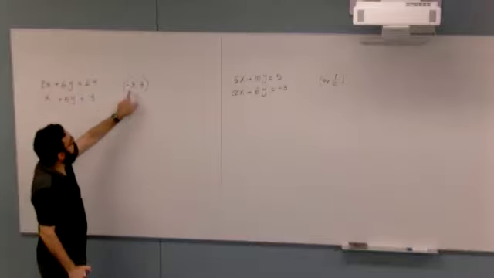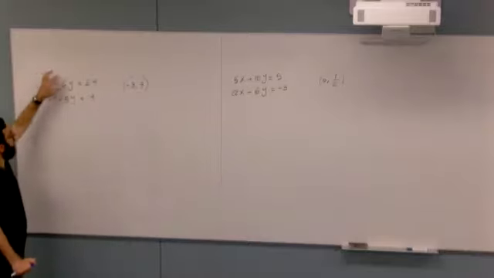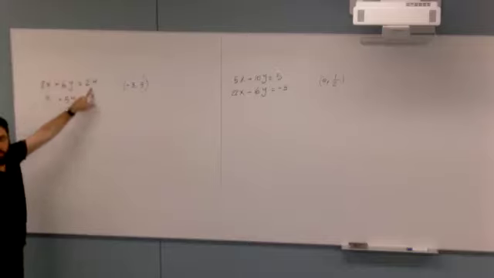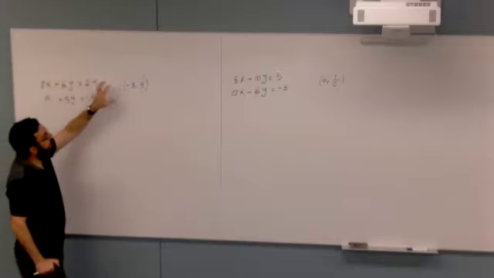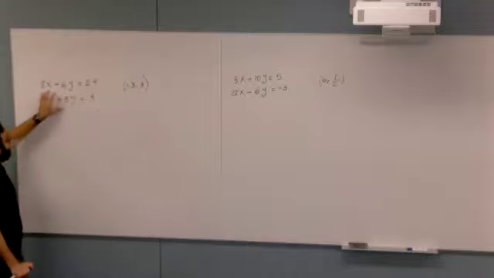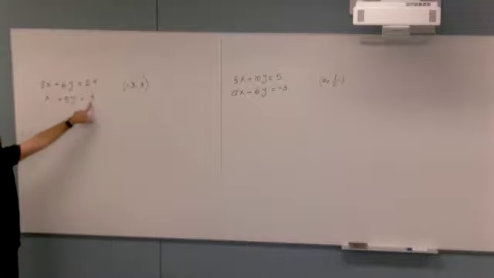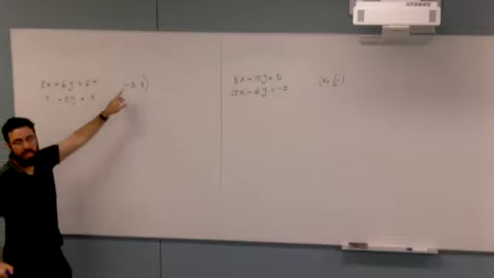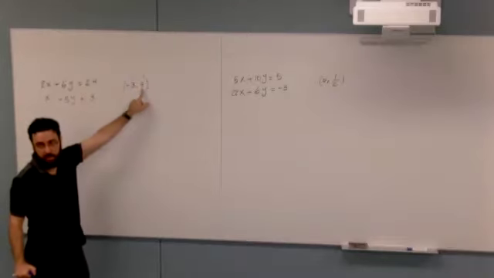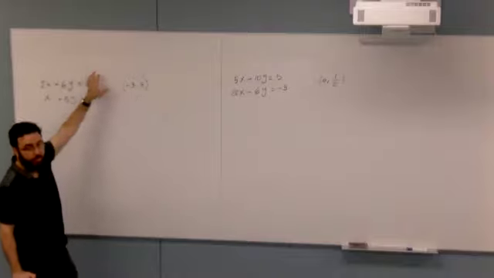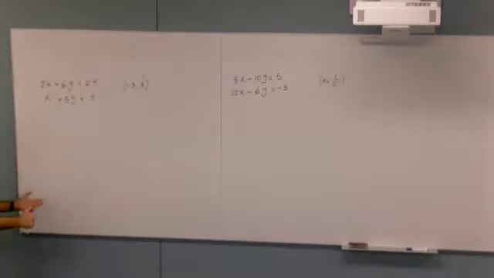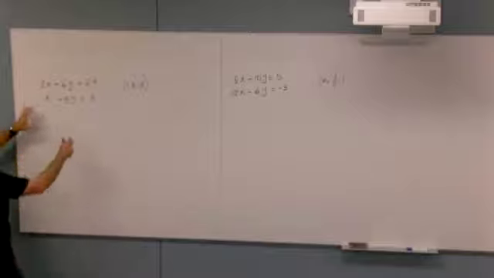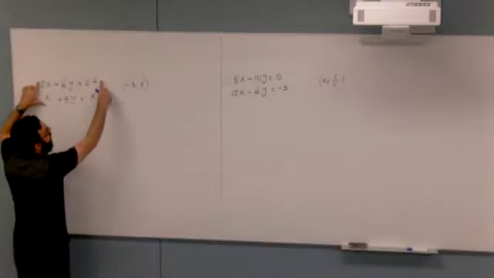That means if I plug in -3 and 5 here, I should get 24. And if I plug in -3 and 5 here, I should get 3. If one of these is not satisfied, that means this is not a solution. You should satisfy both equations. That means satisfy the whole system. So we're gonna call this one a system.